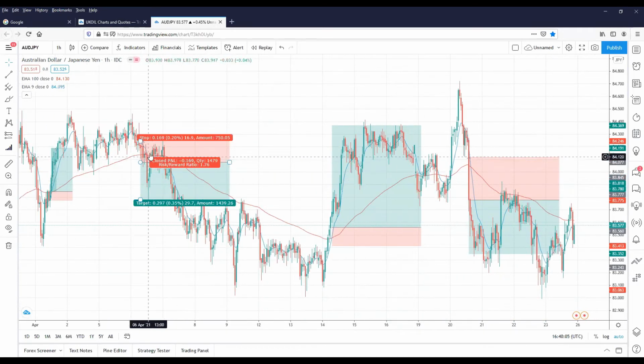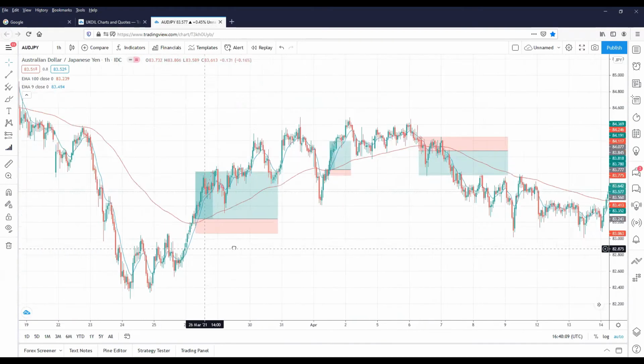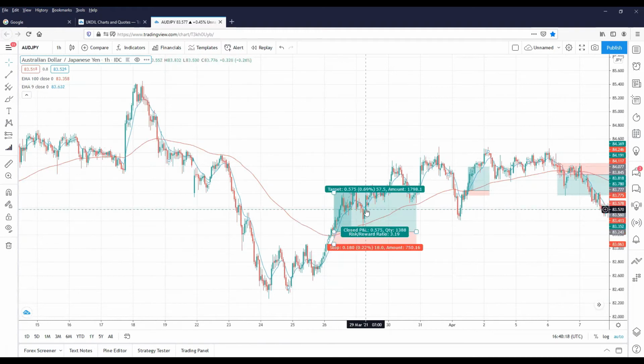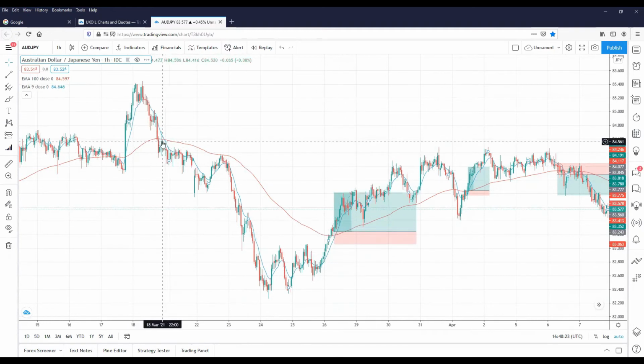This is a dead cross. At this point right here, the moving average crossover occurred. This is a dead cross. This is a golden cross. This is an opportunity to buy. This was a very good opportunity to sell.